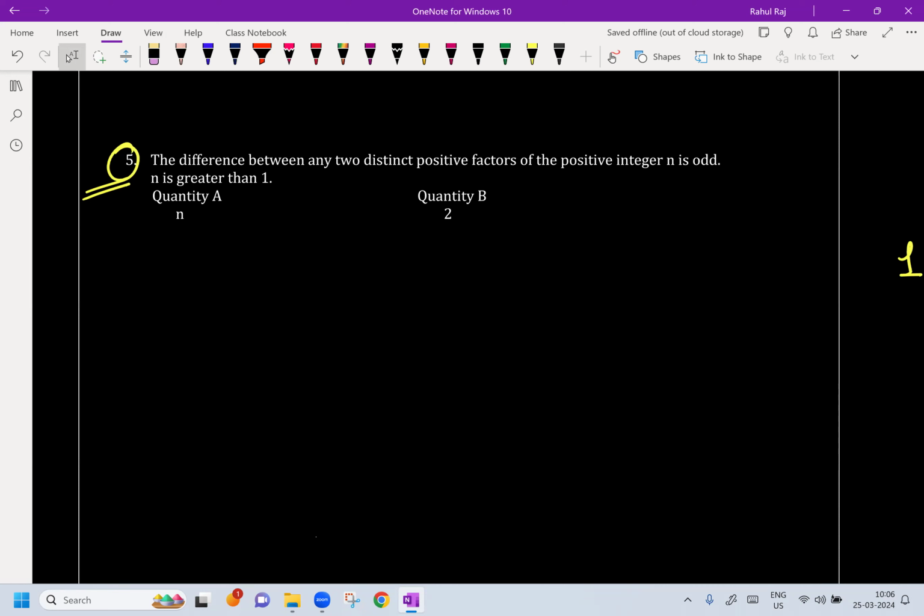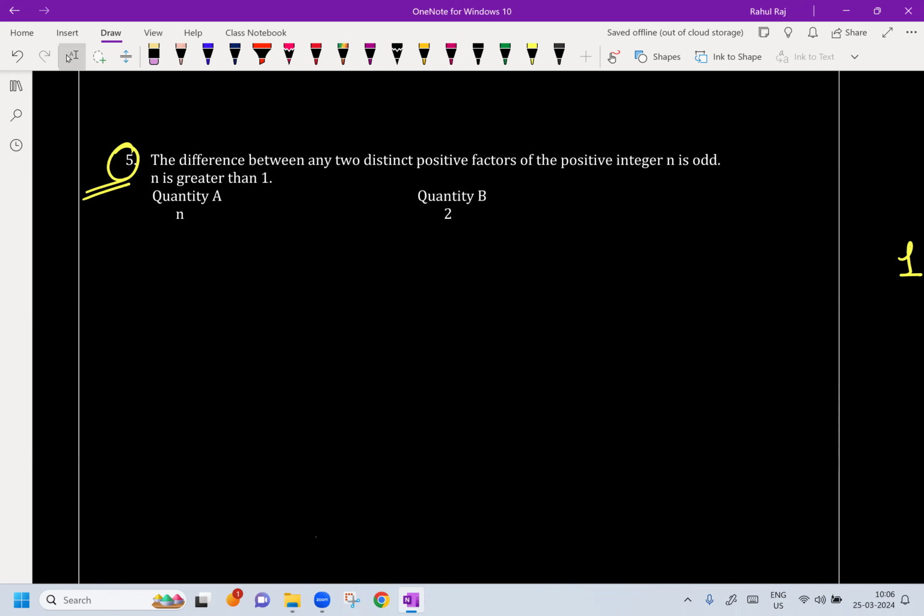Take a positive integer n which is greater than 1. Let's say I take 20.